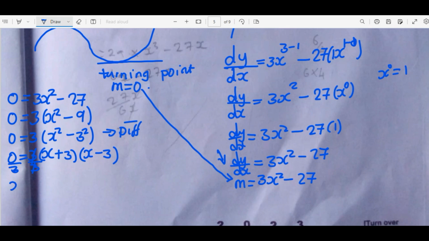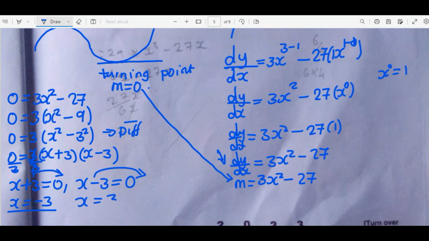So we have x plus 3 is equal to 0, and x minus 3 is equal to 0. Now if we take positive 3 to the right side, we get x is equal to negative 3. So the first value of x is negative 3. Then if we take this to this side, we get x is equal to positive 3. We have the two values of x.